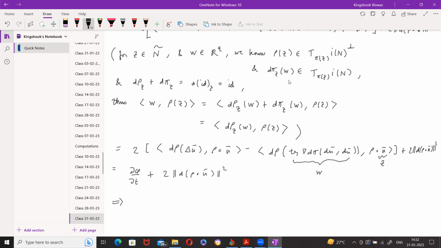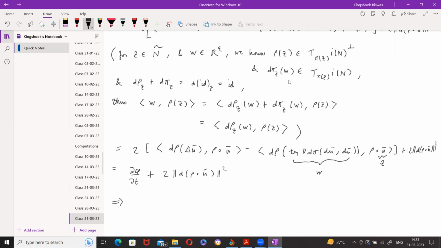I'm just using that here. That's why I did all this, so that I could bring this dρ inside. Once I've got the dρ, I can take the dρ common, and inside I'll get Laplacian ū minus trace of ∇dπ(dū), etc. And that is exactly what I computed was ∂φ/∂t, right? Yes, this is fine.